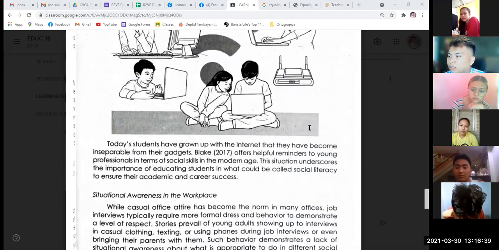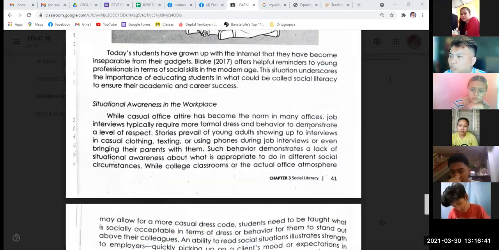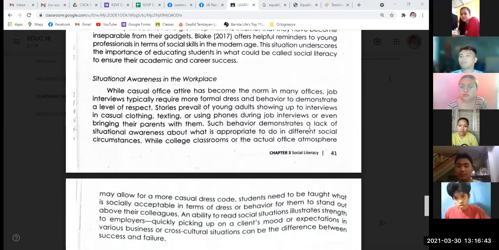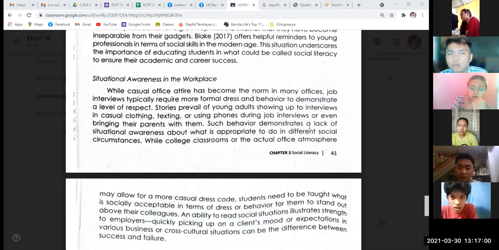So, in today's situation, we are bound by the standard set by the society. We are bound to follow the etiquettes and the norms, the norm behavior of the people, because this is the approved idea of the society.